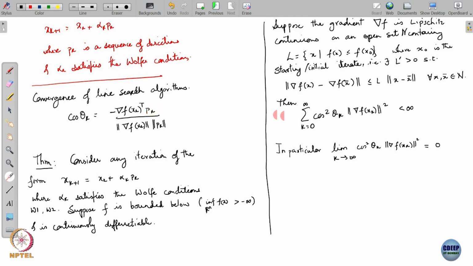It tells you that if I choose my p_k in such a way that cos theta_k is always equal to some epsilon, say, since you already have a minus sign there, this is equal to epsilon.